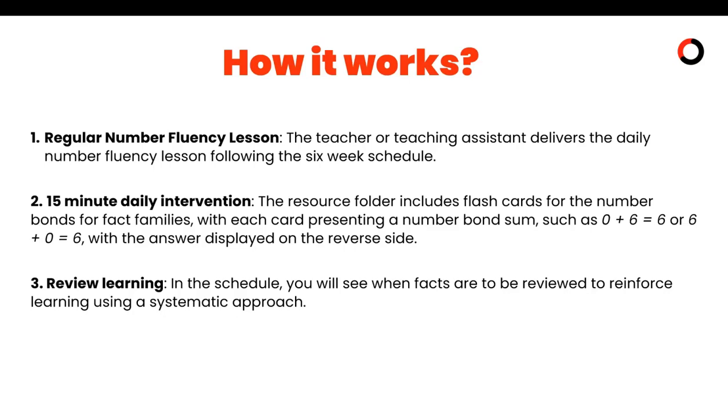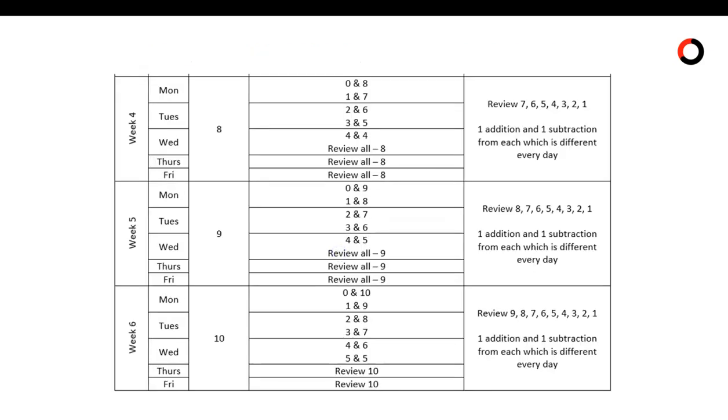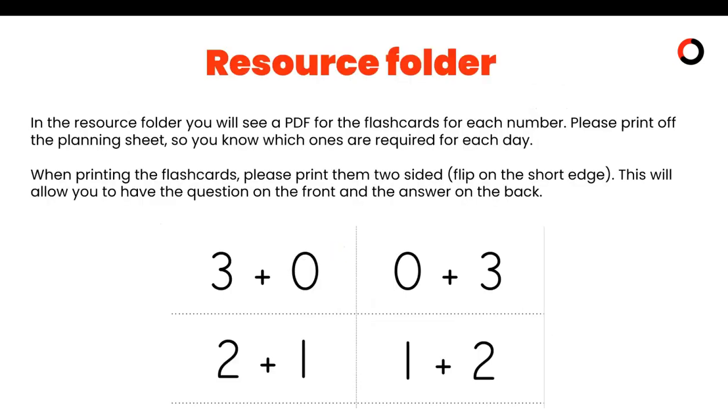Review learning. In the schedule, you will see when facts are to be reviewed to reinforce learning using a systematic approach. You'll find in the resource folder the schedule that the school has shared, which goes through weeks 1, 2, 3, 4, 5, and 6. In the resource folder, you will also see a PDF for the flashcards for each number.